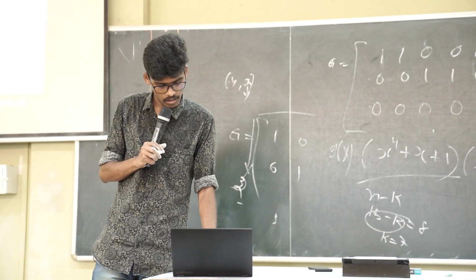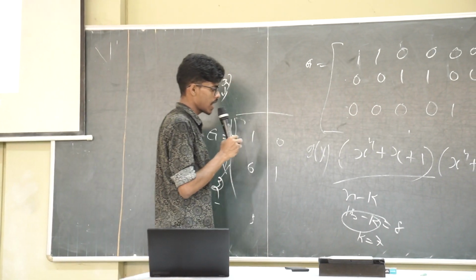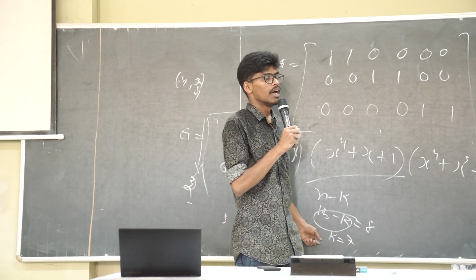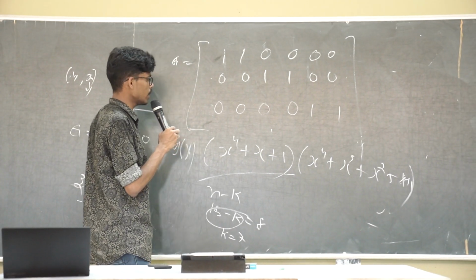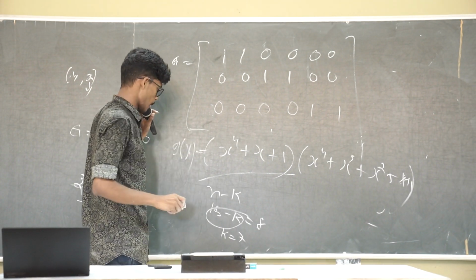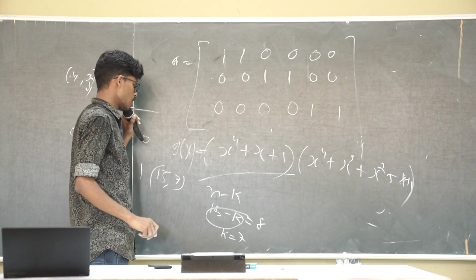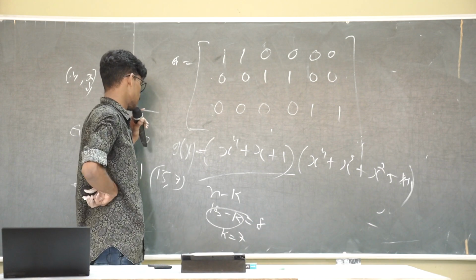Here you know n and you know k, so for the (15,7) code, what will d minimum be?